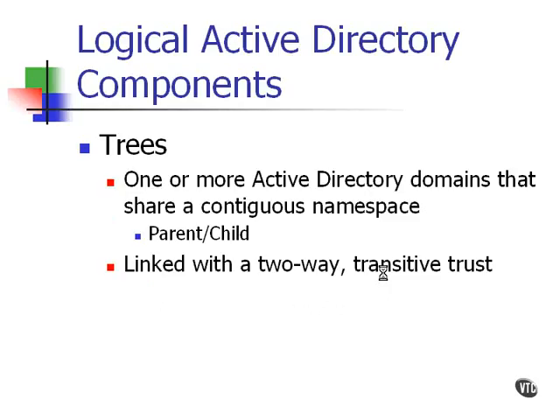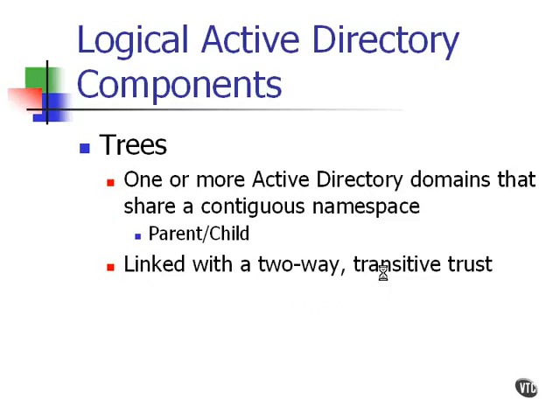So in other words, they share a parent-child relationship. We can build these tree hierarchies as big and as deep as we want, just as long as we follow the DNS guidelines for domain naming. The domains in a tree are linked with a two-way transitive trust, and we'll talk about trust relationships later on in this chapter 3.